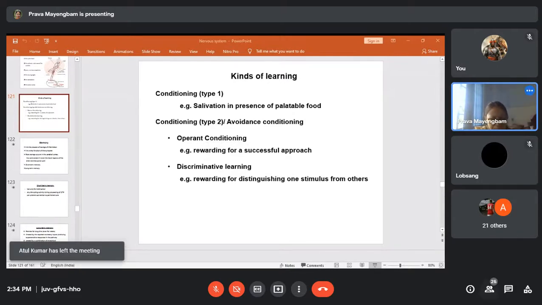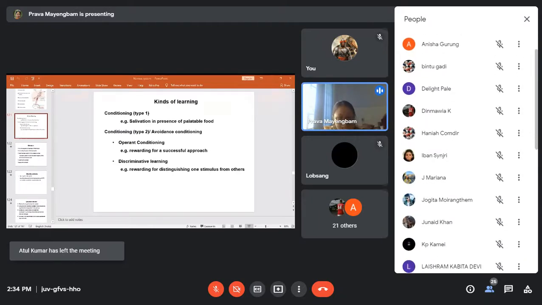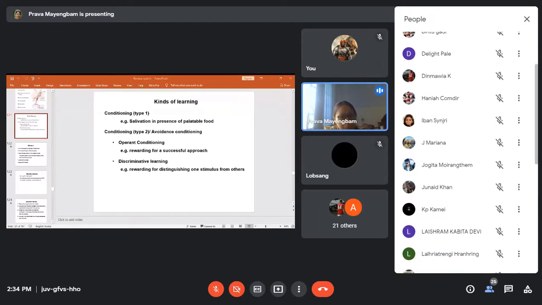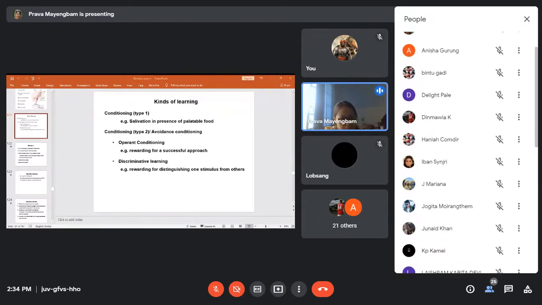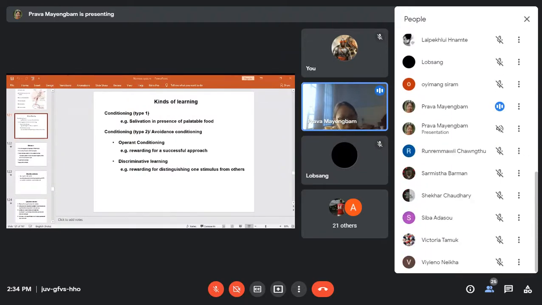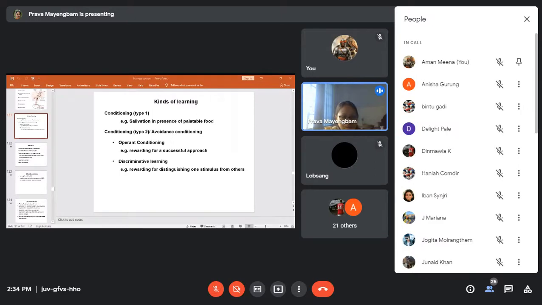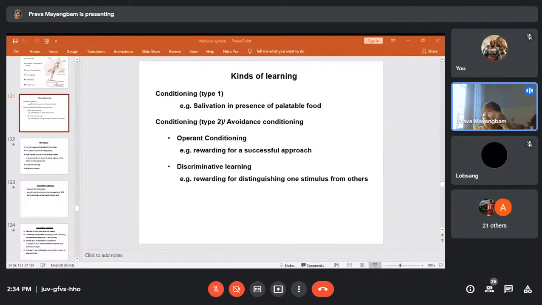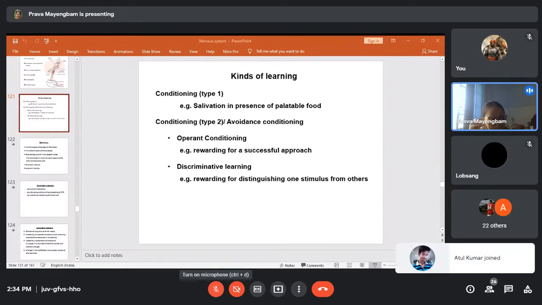So this kind of conditioning is called operant conditioning, for example giving rewards for a successful approach. This is conditioning type 2, and it is a part of learning.